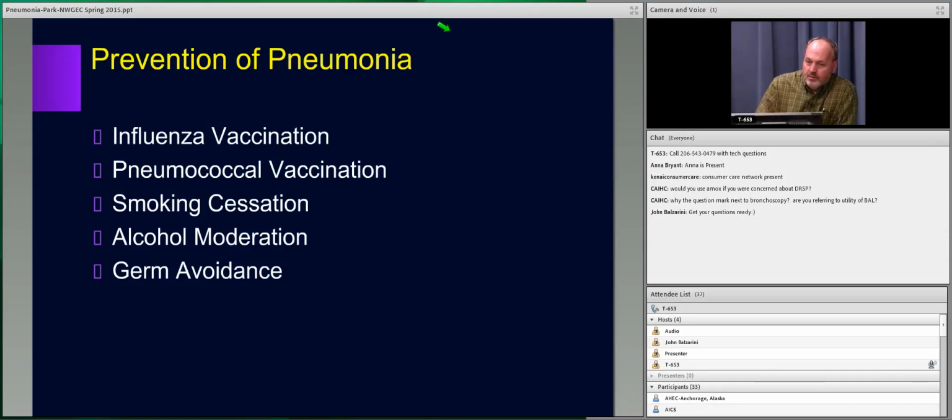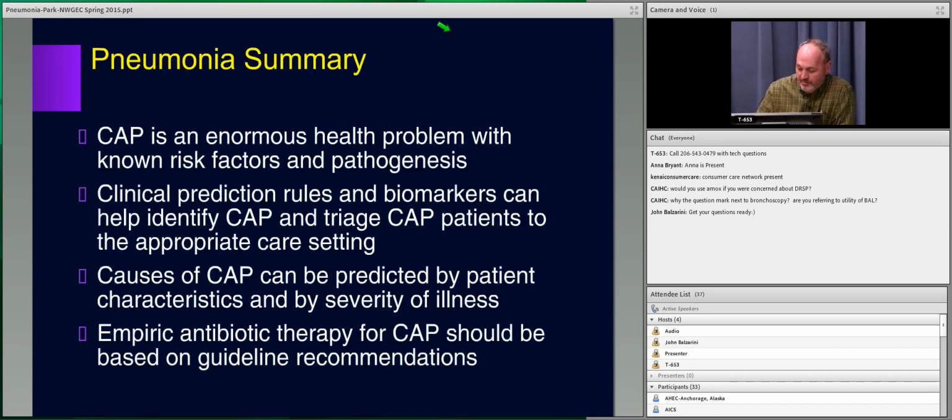All right, so pneumonia is common and it's potentially very serious. It can fail to respond to antibiotic therapy. Treatment failure should prompt review of the situation, and consultation is recommended for severe CAP and for treatment failures, especially if there may be a need for specialty intervention.